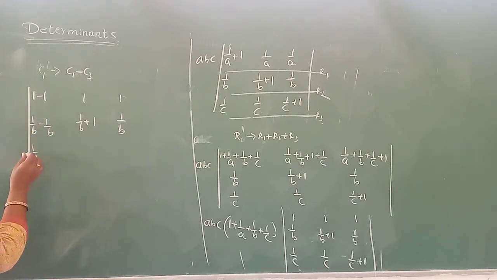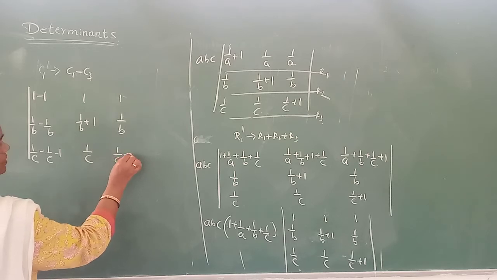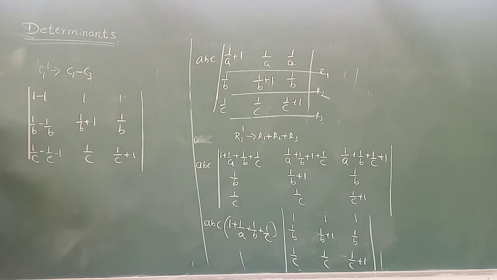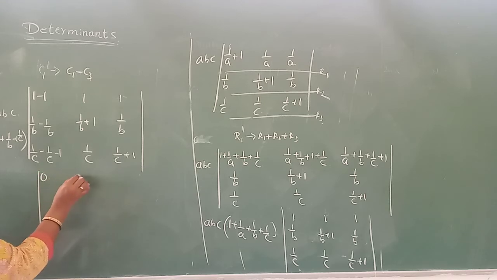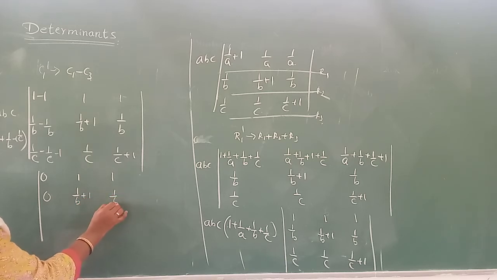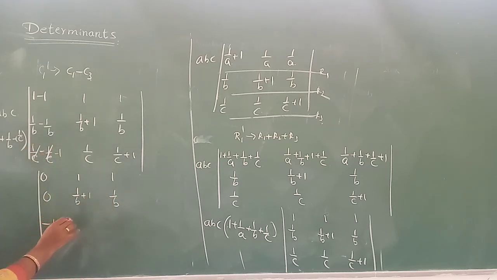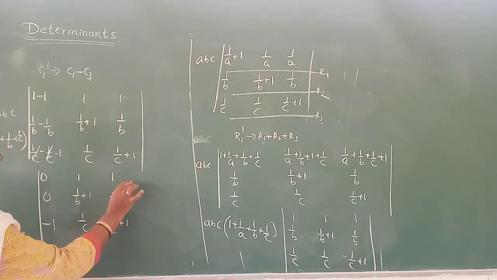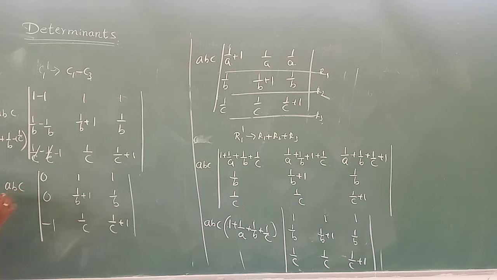Next, 1 by C minus 1 by C, minus 1 by C, 1 by C plus 1, and we write this one as it is: A, B, C, 1 plus 1 by A, 1 by B, 1 by C. You get 0, 1, 1; 0, 1 by B plus 1, 1 by B; 0, minus 1 by C, 1 by C plus 1.